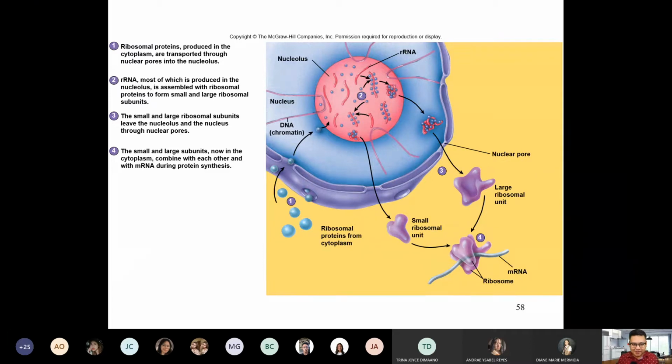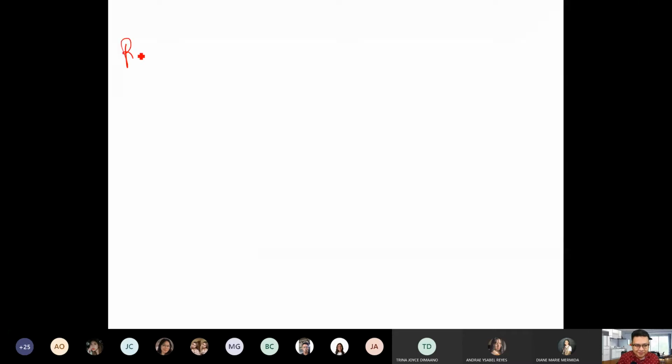Let's draw it para madali. Tama ba? Okay. Oh, nangyayari. Our ribosomal proteins form our ribosomal subunits. Okay? Kumbaga itong tagabuo. Okay.